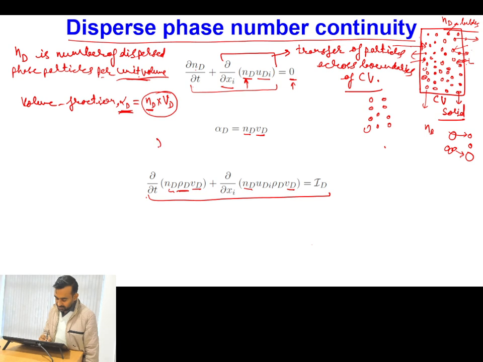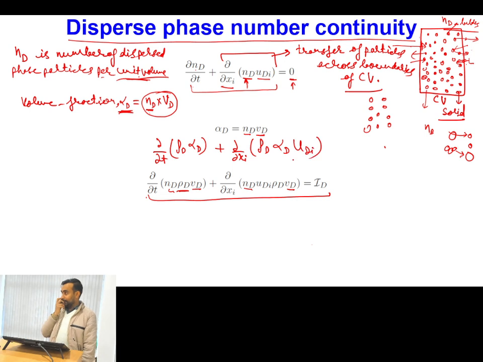So this equation is nothing but del by del t of rho d into alpha d plus del by del xi of rho d alpha d into udi. Now alpha d I have replaced with nd into Vd. Here also alpha d is nd into Vd.